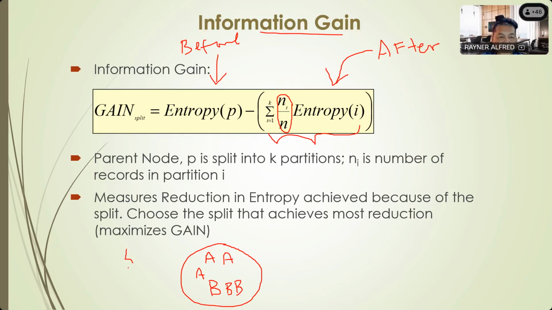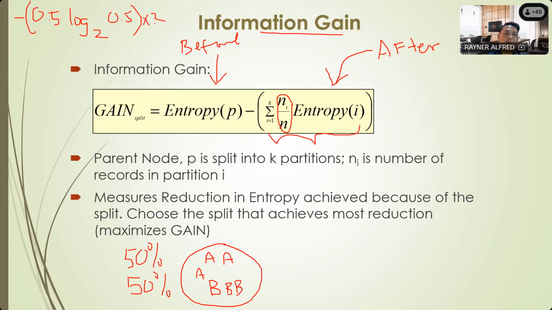So the membership is 50-50%, right? So what is the formula here? The formula is negative 0.5 log 2 0.5 times 2. So what is the value for this? Can someone assist me? It should be 1.